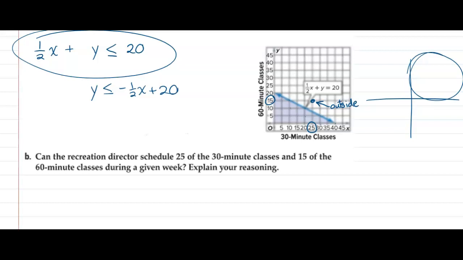So the answer is no. No, the director cannot, because this combination is more than 20 hours. In other words, if we do 25 times a half plus 15, we're going to be more than 20. So it would not work.